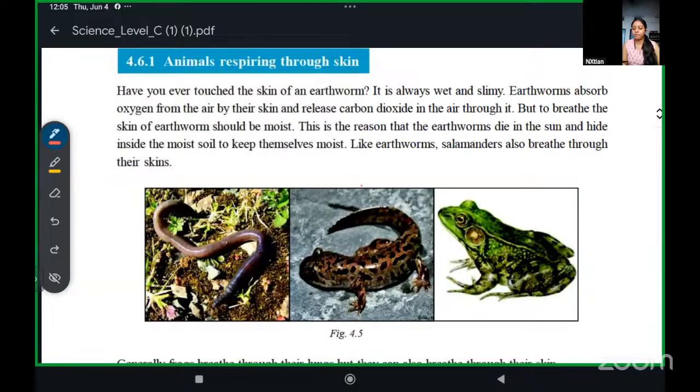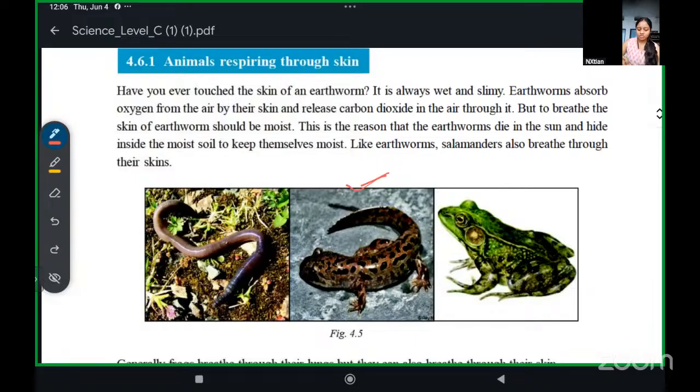Have you seen that thing that changes color when it gets stuck to a surface? Ma'am, the chameleon. Yes, Hannah. The animal that changes color is the chameleon. It looks something like that.